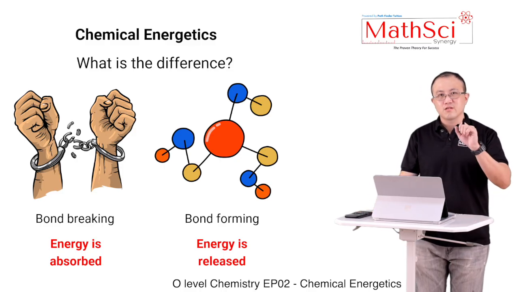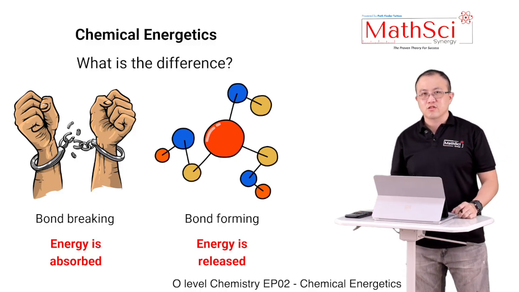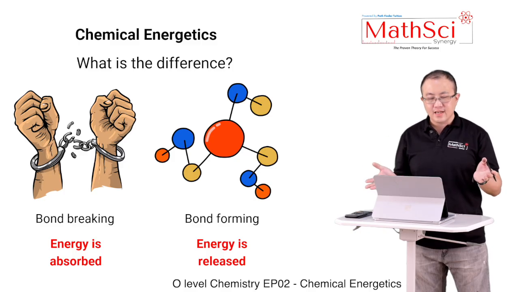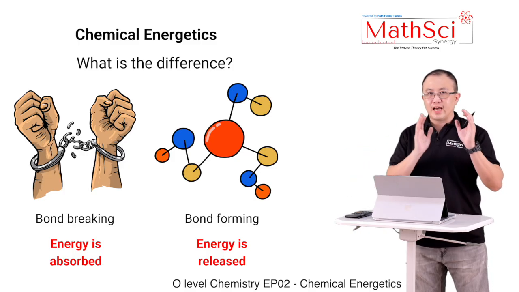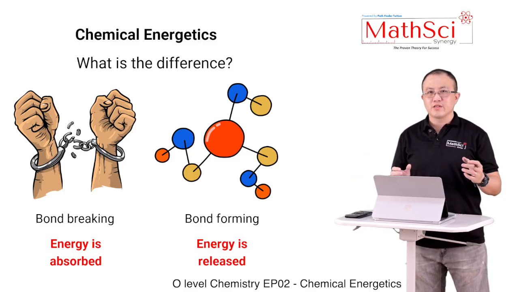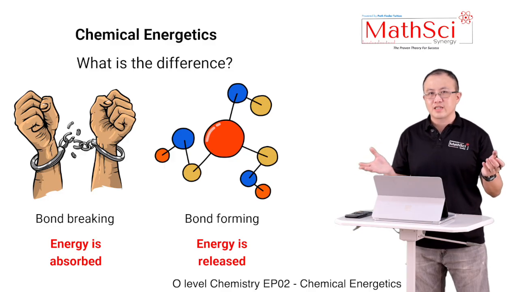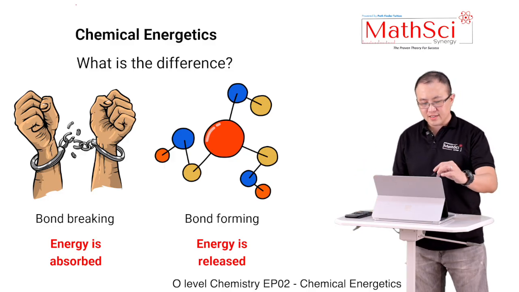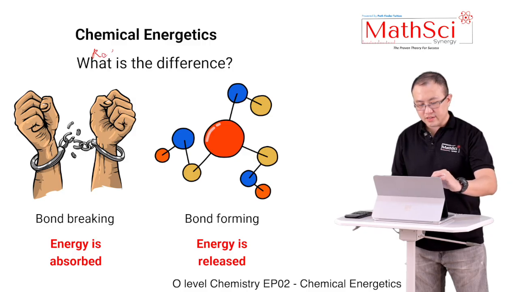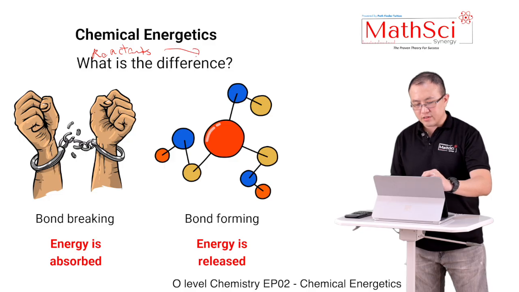The first thing that you learn in chemical energetics is bond breaking and bond making. For any chemical equation, you will have the left side, what we call the reactant, and then it will lead to the product.